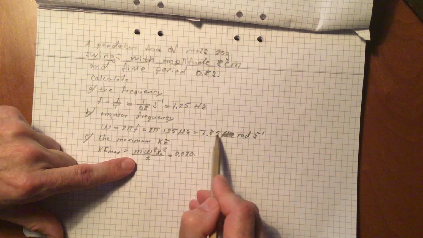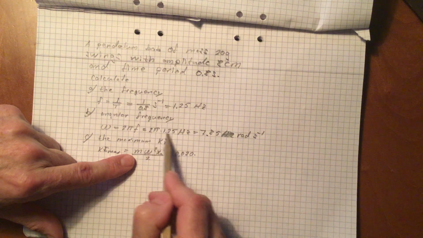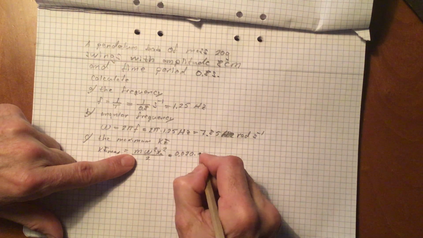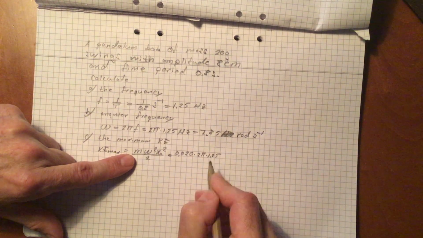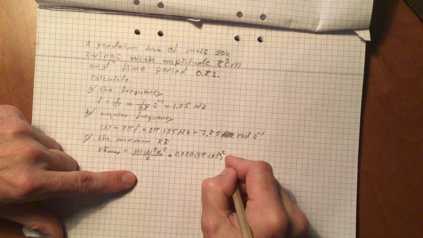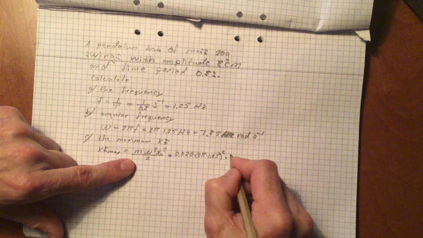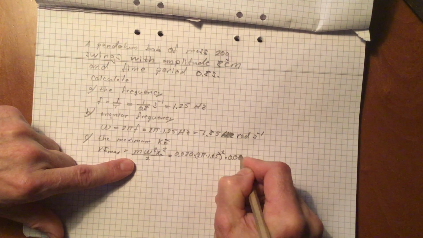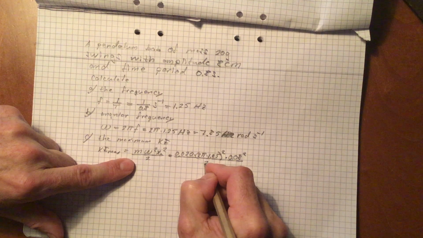I will not use it because then I can at least not round off the numbers, so I use this expression, 2 pi times 1.25. This is omega, and then I square it, times x0, the amplitude in meters, 0.08, and I square it, and I divide by 2.